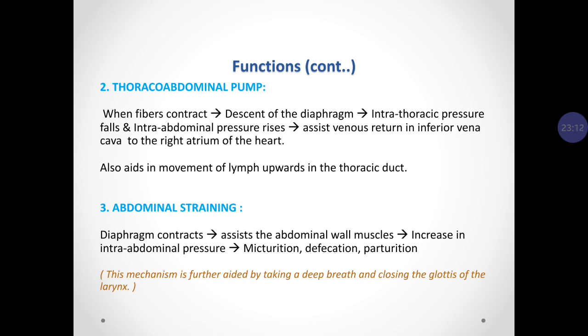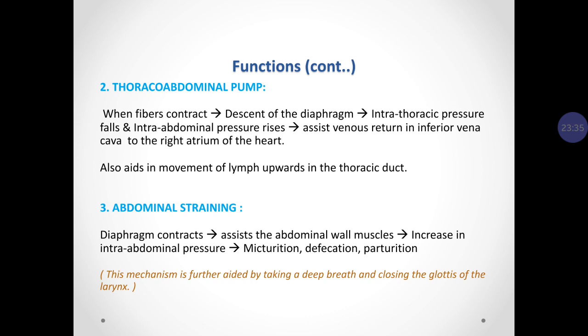This change in pressure gradient in the 2 cavities will help in the return of venous blood through the inferior vena cava to the right side of the heart. The similar mechanism also helps in the movement of lymph upwards in the thoracic duct.